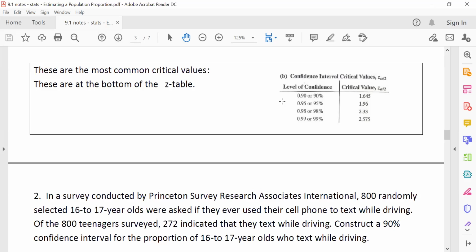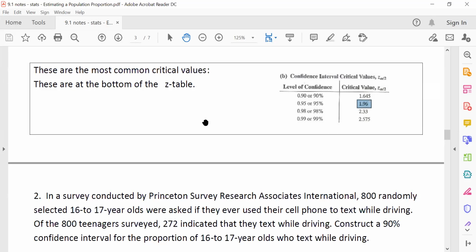The most common confidence intervals you'll see are 90%, 95%, and then maybe 99%. Pretty much any statistician will know this one, the 1.96. They might know 1.645, but they'll definitely know this one. So if you have a 95% confidence interval and you're using a normal distribution, a z-score in your confidence interval, which is not always guaranteed, hardly.